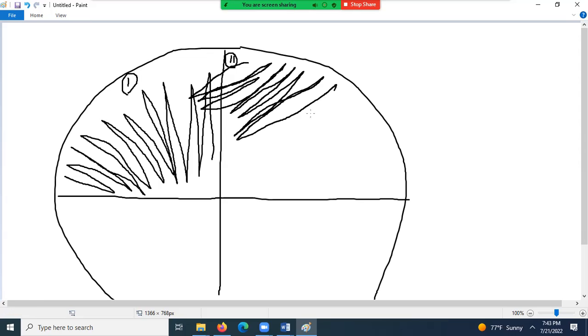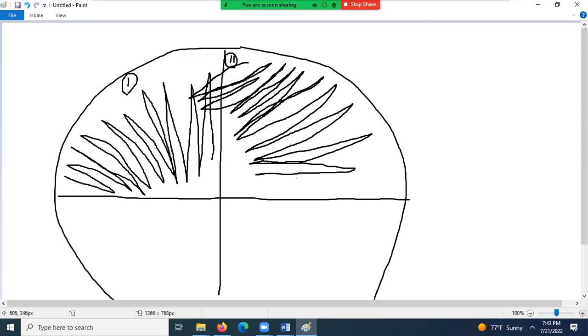I'm not doing this too well, but that's okay. I'm trying to speed it up so don't take all the time. You get the idea? And then you do the same for sector 3. Let's do it down here. I'm doing Roman numerals because I can do that much easier than drawing a 3.